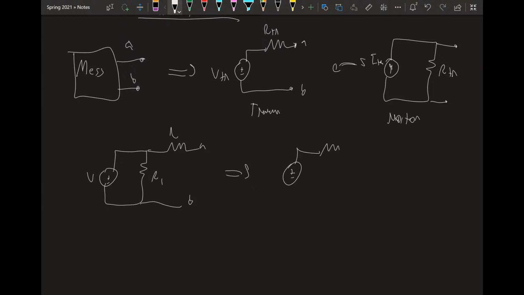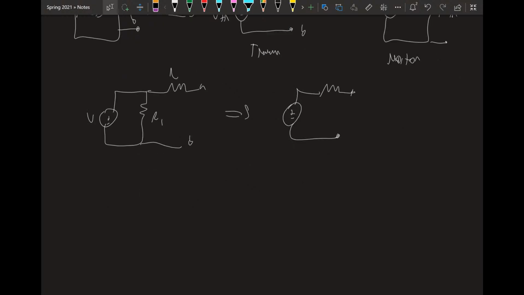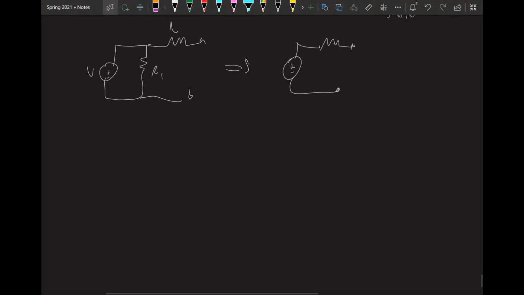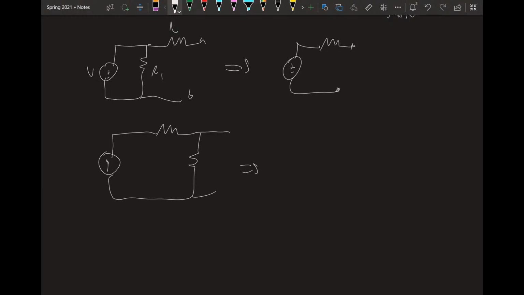You can eliminate it, and the output is the same. And in the same manner, a resistor in series with a Norton equivalent like this can just be replaced like this with no effect on the output. They do not matter. Okay.